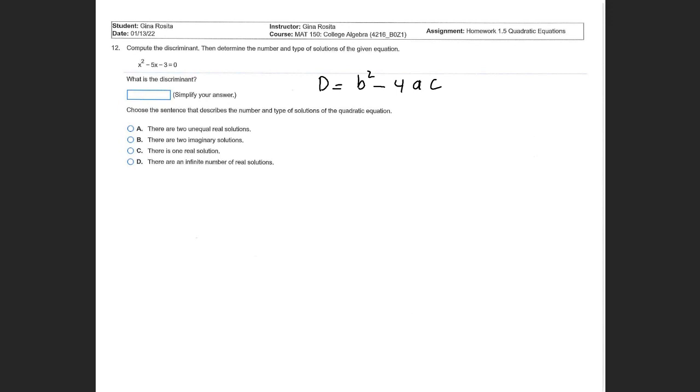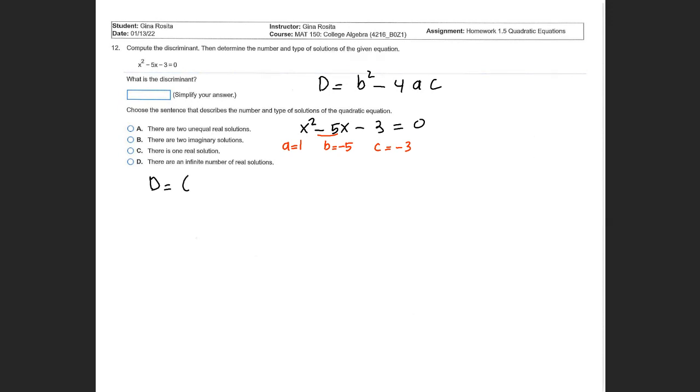Okay. So now the question is x squared minus 5x minus 3 equals 0. So we'll find a. Yeah. a equals 1. b equals negative 5. c equals negative 3. Okay. So the discriminant becomes b squared.